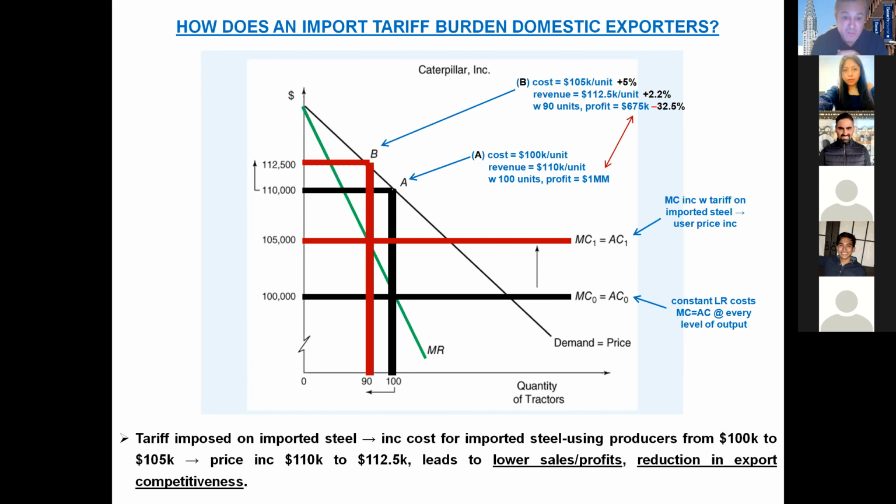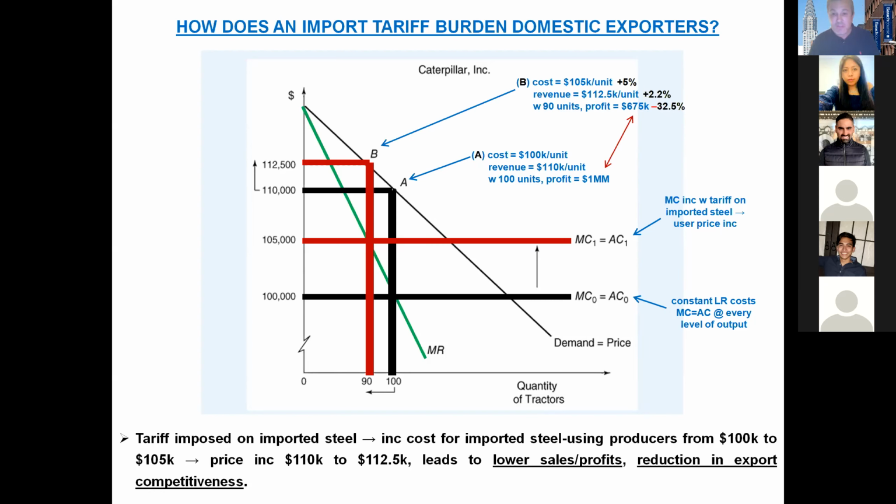In particular, the market supply is going to contract from 100 units to 90 units, and price goes up from $110,000 to $112,500 a unit. So now the cost has increased 5%, the revenue has increased 2.2%, but you're only selling 90 units, so your profit is $675,000 versus $1 million, so you're down 32.5% on profit.